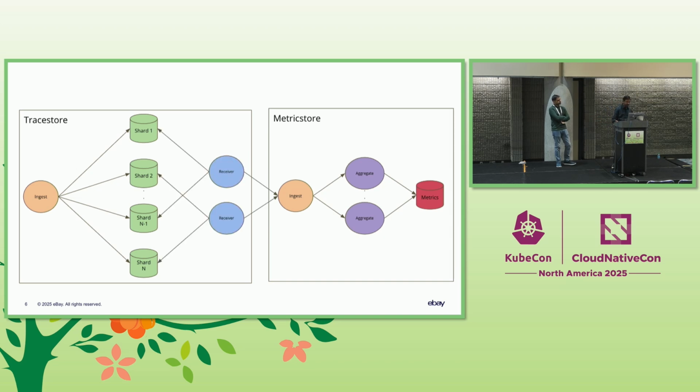So what we did is we wrote an OpenTelemetry receiver that reads from ClickHouse periodically using a simple select star group by trace ID, and then you put the service graph connector in that receiver.